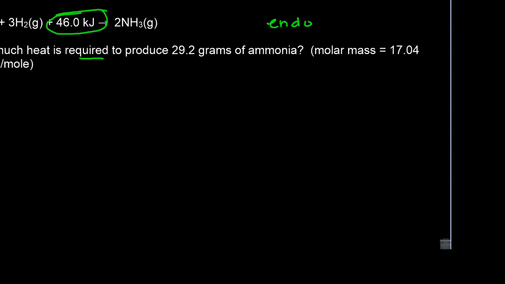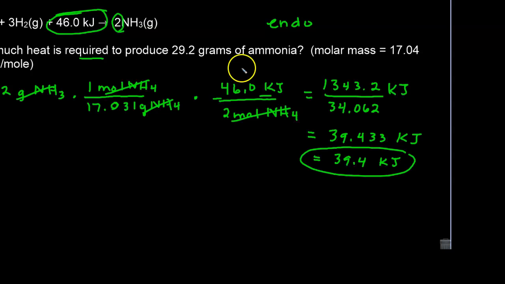So in this case, when I look at ammonia, I need 2 of those. I'm given grams. And again, you can look at my numbers, pause if you need to. I got 39.4 kilojoules.